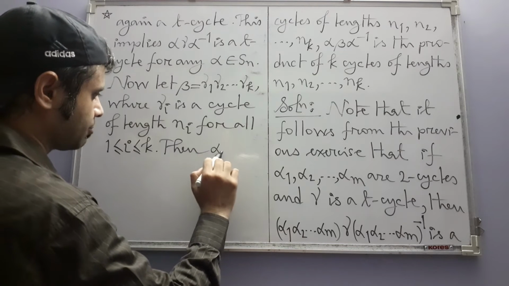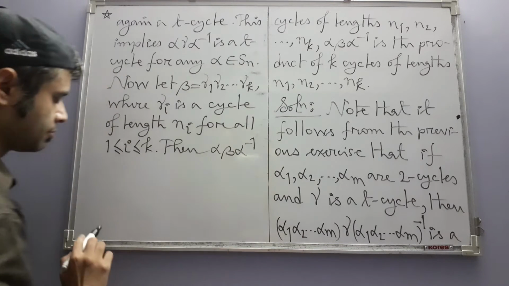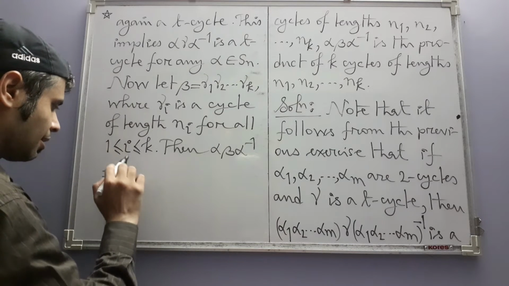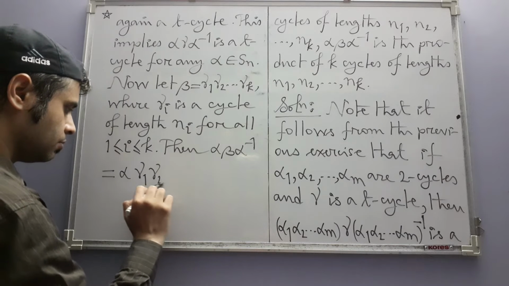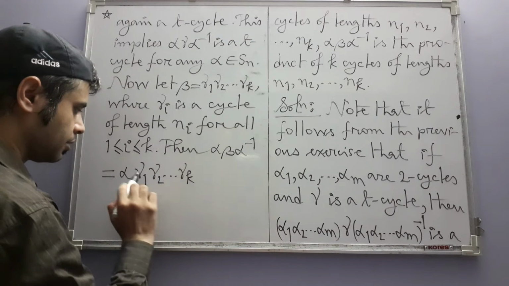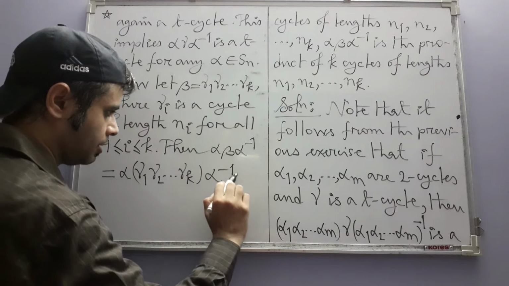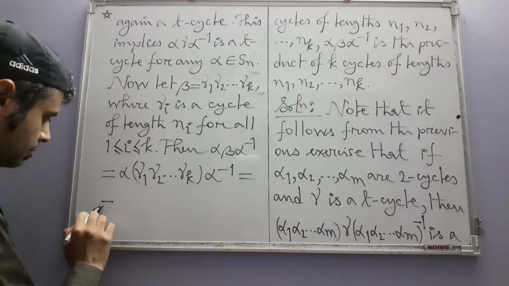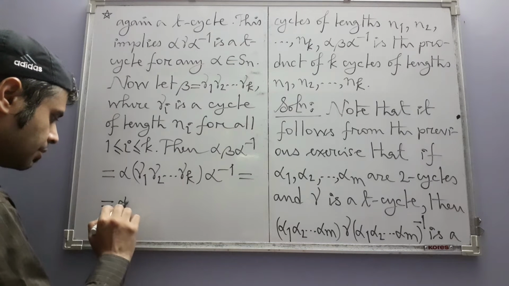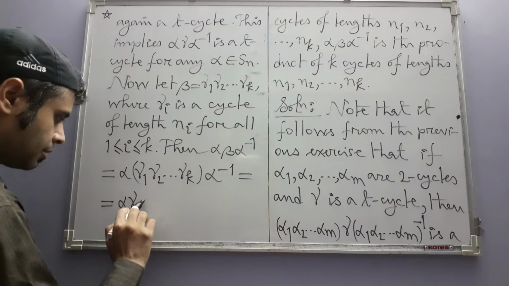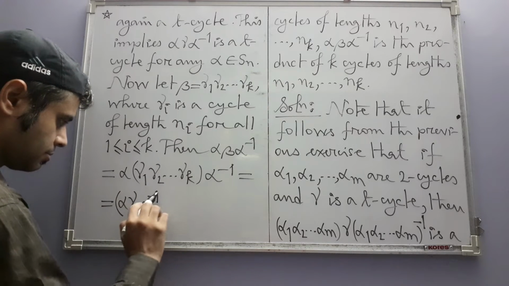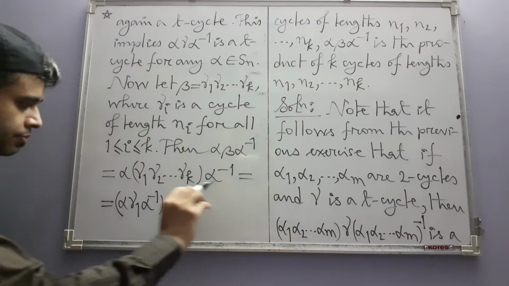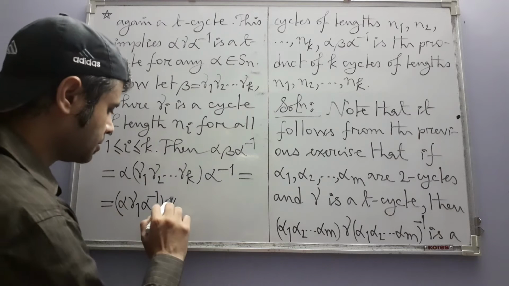Then what is alpha, beta, alpha inverse? It is alpha, gamma 1, gamma 2, gamma k, alpha inverse, and that is equal to, you can in fact arrange things in this way in a very convenient manner like this. The same form can be now spread among all the gammas.